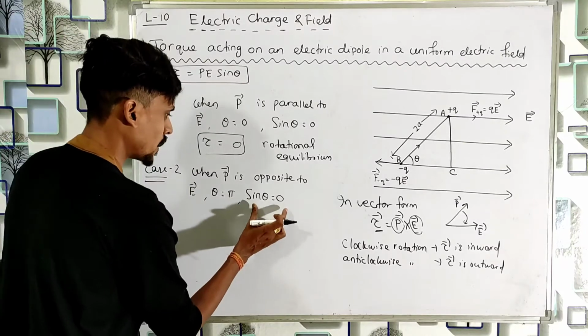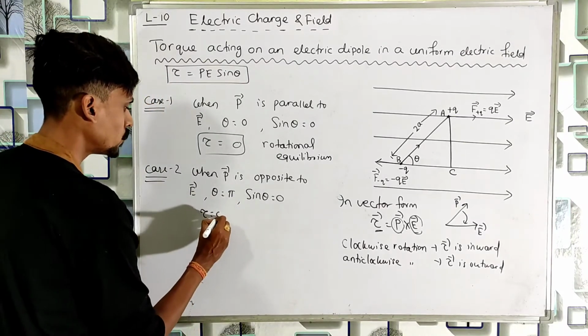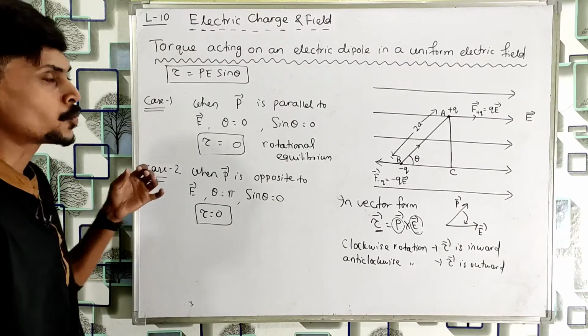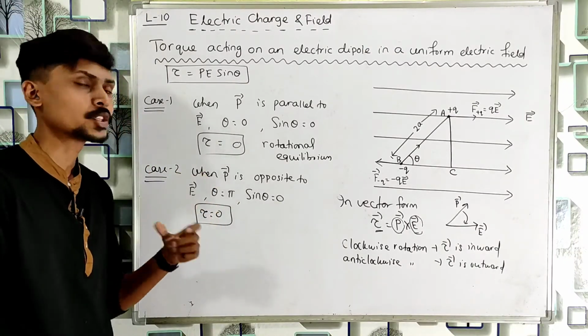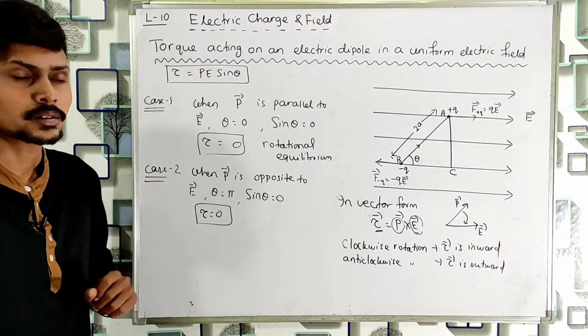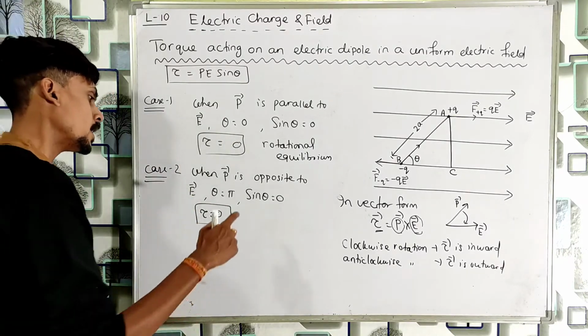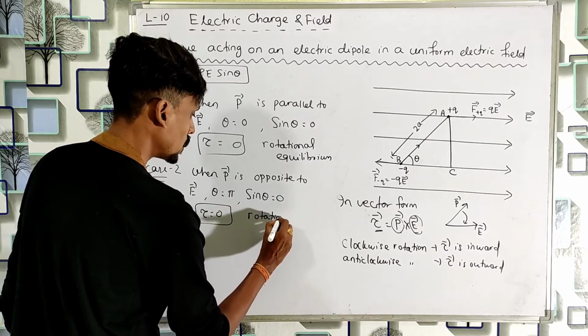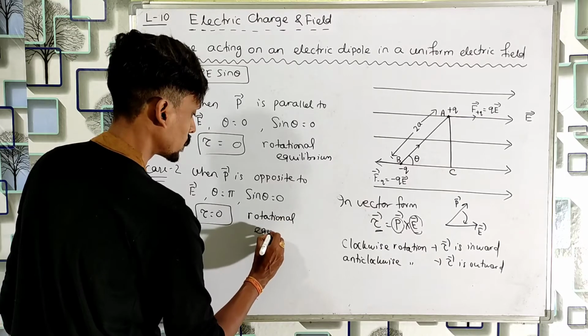And again, if sin theta is 0, the torque will be 0. So in these two cases, whether the dipole moment is parallel or anti-parallel to the electric field, we get zero torque, tau equal to 0. And under this condition also, the dipole is under rotational equilibrium.